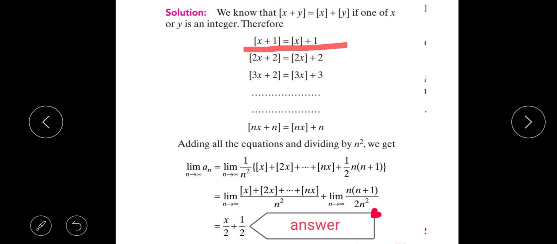Here the expressions reduce to [x] + 1, [2x] + 2, [3x] + 3. Here is some mistake. This will be [3x] + 3, not 2.